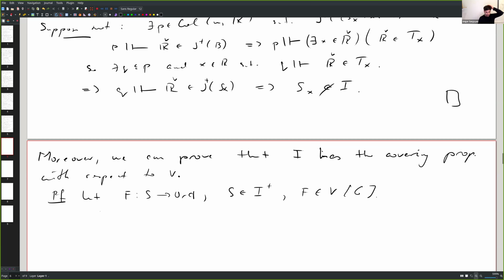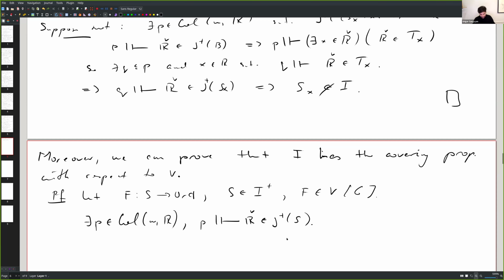Because S is I positive, that means some condition forces that R is not in the ideal, that this R is in J plus of S. So there exists P in collapse omega R such that P forces the reals must be in J plus of S. Otherwise, if no condition forces it, then it's bad.